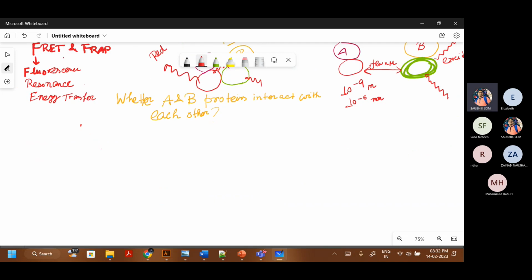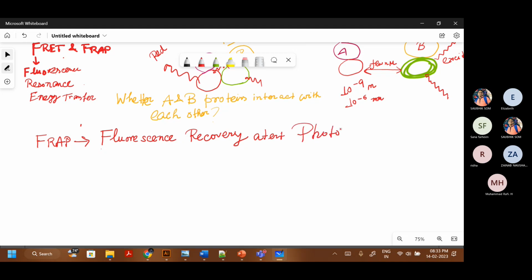Now the second thing is another very interesting thing. How do I explain this? FRAP. FRAP stands for fluorescence recovery after photobleaching.